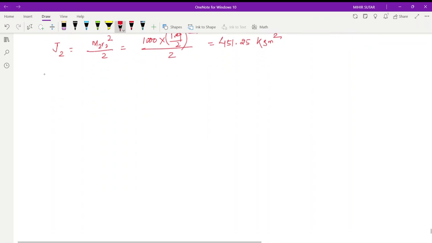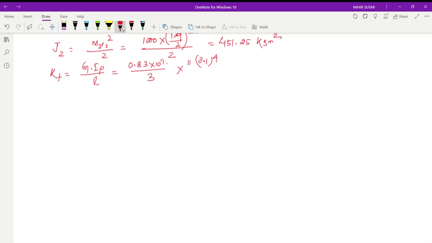Right? Then we have this KT is equal to G dot IP divided by L, is 0.83 into 10 to the power 11, then length is 3 meter, then IP, the polar moment of inertia of the shaft, will be 0.1 to the power 4.